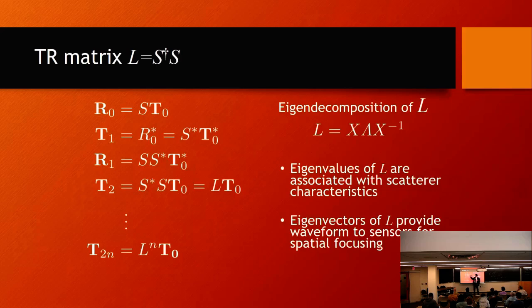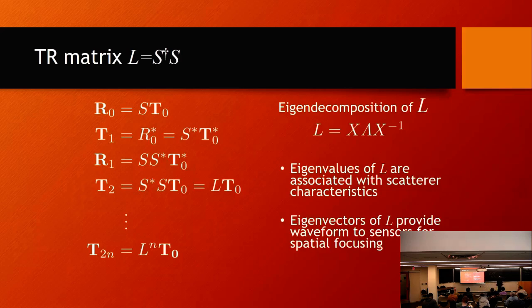And that is just the complex conjugate, S star T0 star. And the next time you receive is just that multiplied by a scattering operator. And you keep going on and on and on. And ultimately, it's S star S that I'm calling the time reversal operator.